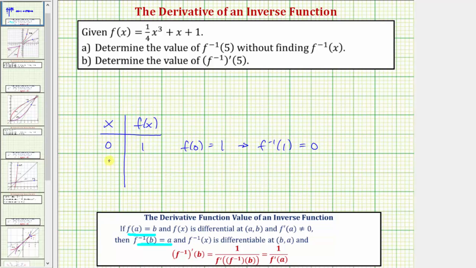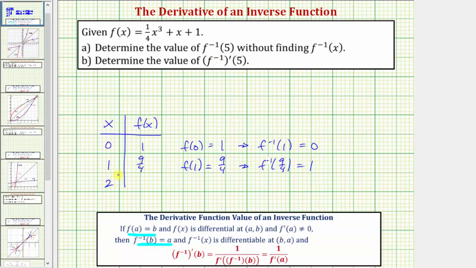So if we try x equals 1, f of 1 would be 1/4 times 1 cubed, which is 1/4, plus 1 plus 1, that would be 2 1/4, or 9/4. So because f of 1 equals 9/4, this tells us that f inverse of 9/4 equals 1, but again, we're looking for f inverse of 5.